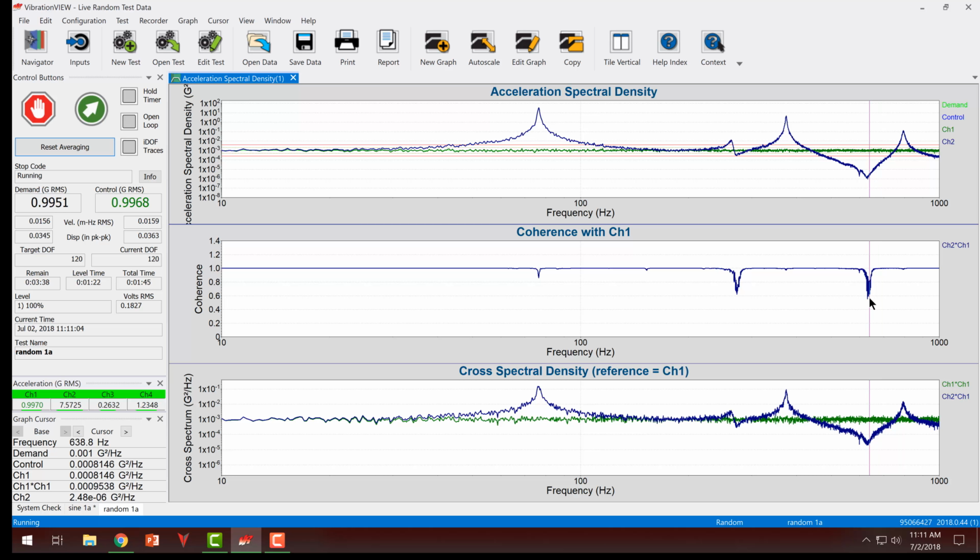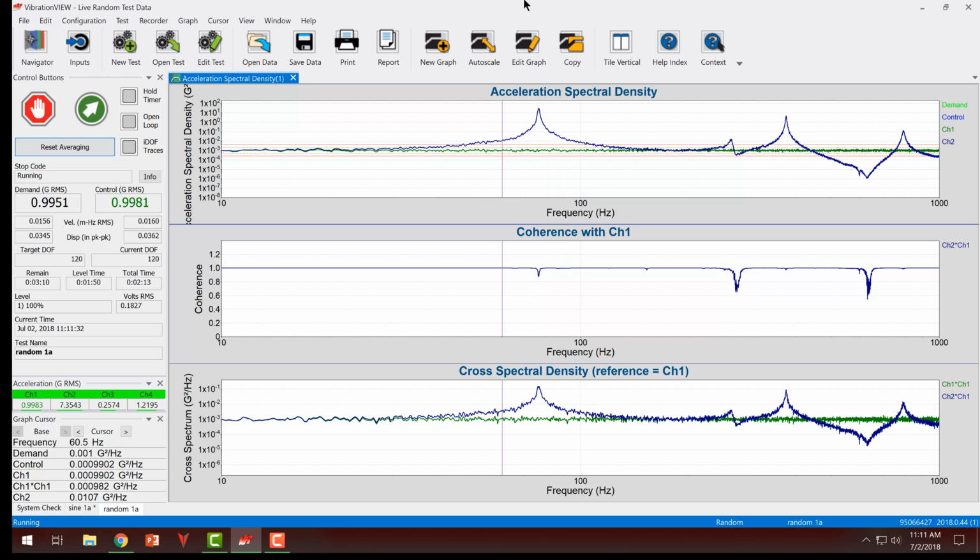And so you're going to get a correlation value that is indicating that there's not a good relationship there. And so there's the coherence plot and a cross-spectrum density plot showing how the two axes are not always matching. We would expect them to match in this particular example. Here are locations where they are not.